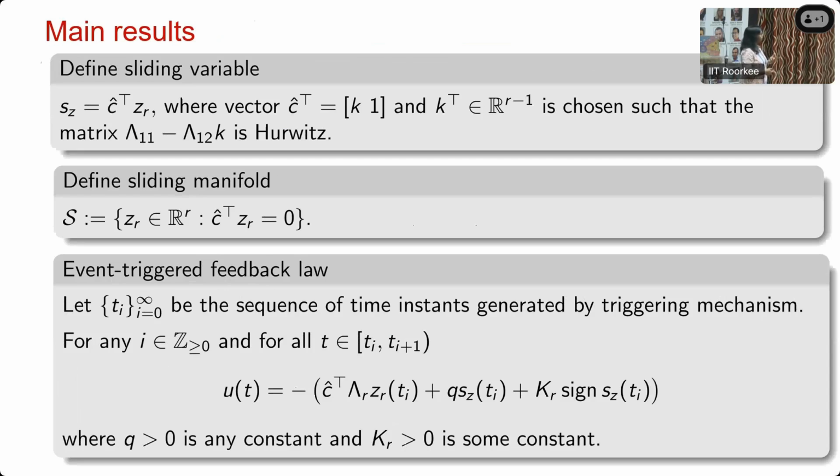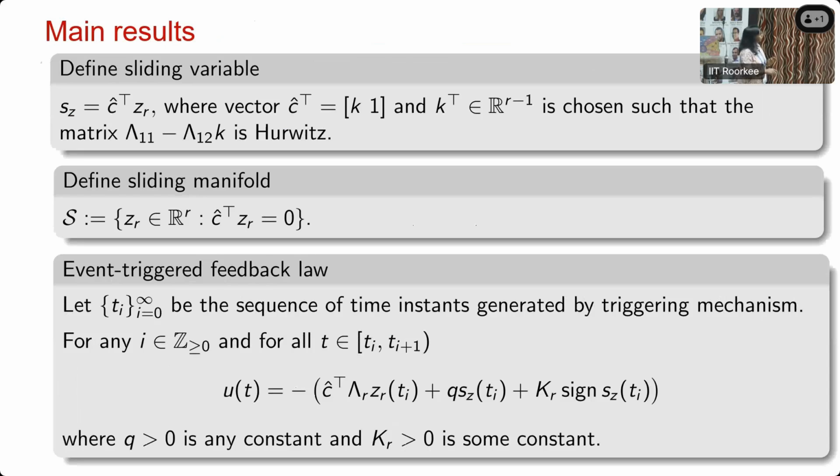So what is that triggering rule? We define this error, which we also call the sampling error, Ez(t), as the difference between the state value at the current time and z_r(t_i), where t varies from t_i to t_{i+1}.